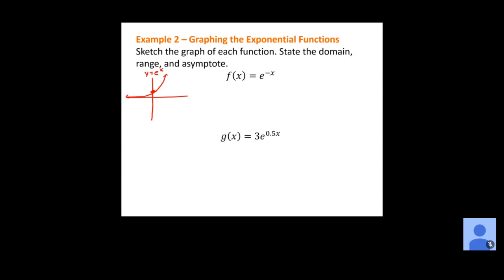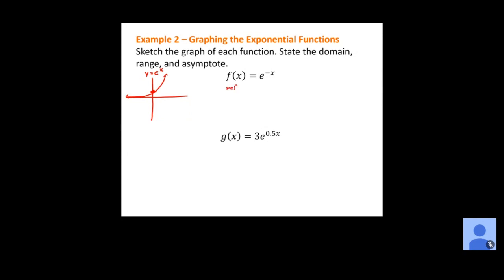Now, if we're looking for e to the negative x, what type of transformation is that going to be? Okay, so what kind of reflection is it going to be this time? Over the y. Good.